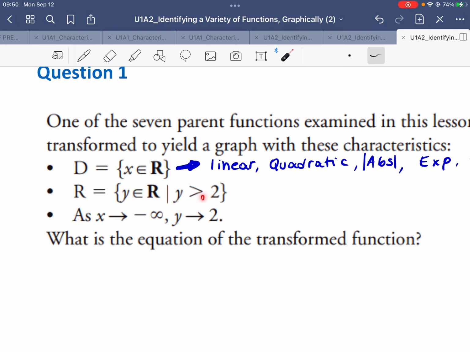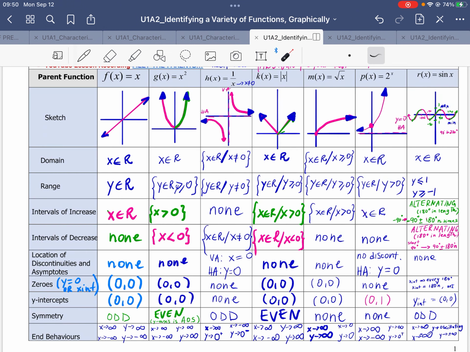And then when you look at this, you see that the range is y bigger than 2, so not equal to 2. In quadratic functions, the range is y bigger than or equal to a specific, fixed value. So that means that our function cannot be a quadratic function.